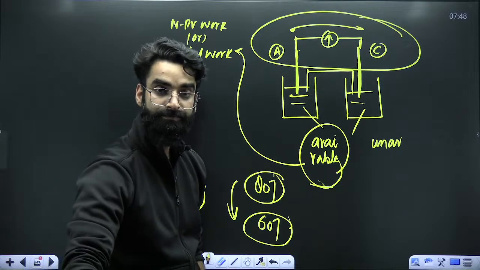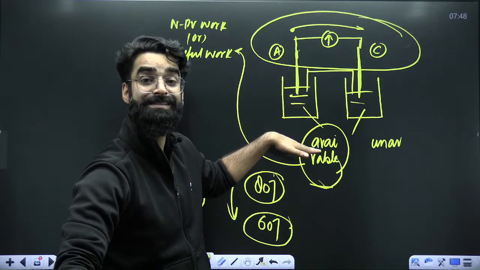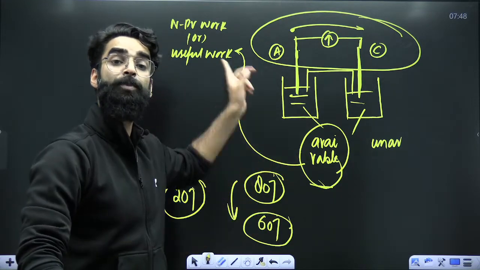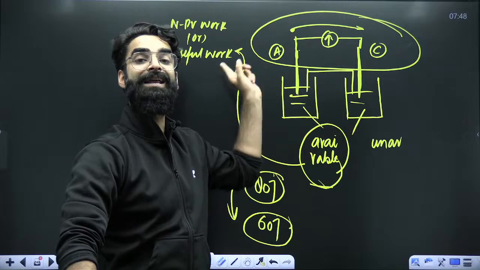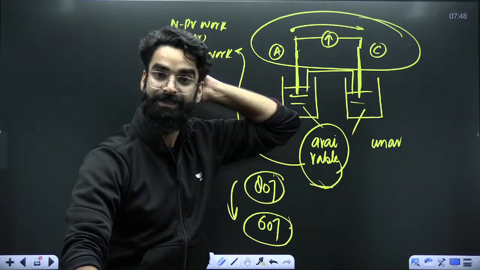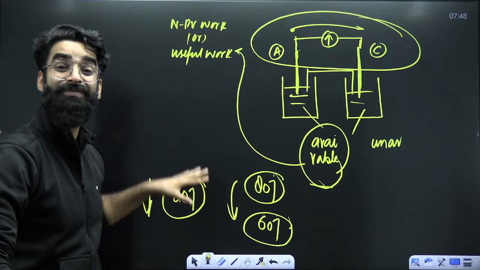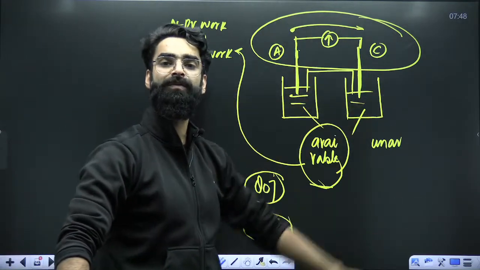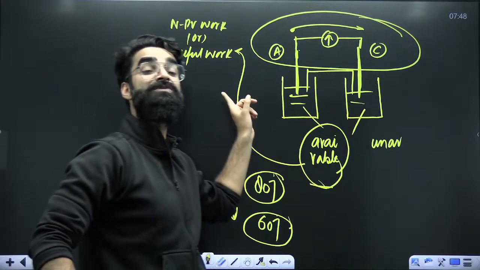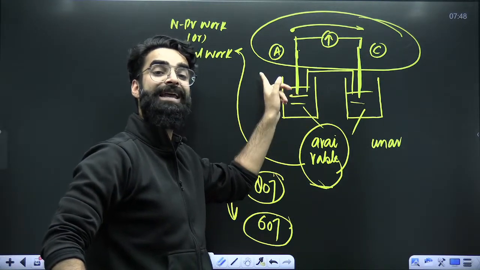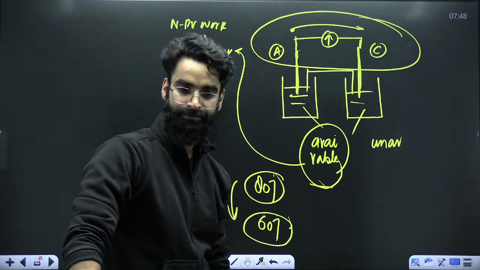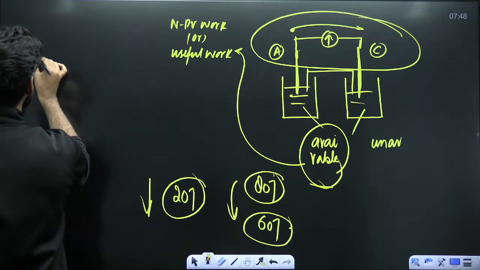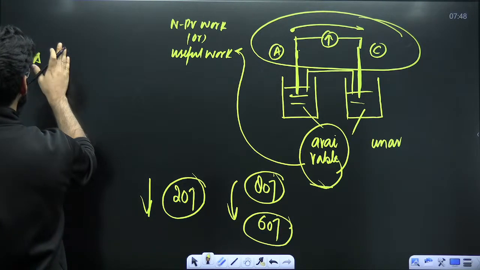That means some part of the available energy has been utilized to perform non-PV work, to send electrons from anode to cathode. So can I say decrease in the free energy, the available energy, is equal to useful work? Can I say 20 joules of useful work has been done in order to take the electron from anode to cathode? So I can simply say one thing: decrease in the Gibbs free energy of the system.